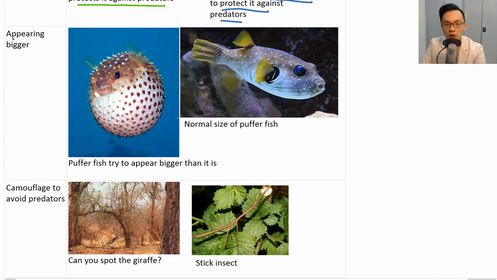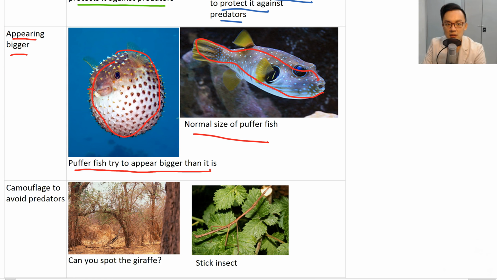Another way to avoid predators is to appear bigger. This is the normal size of a puffer fish. It doesn't look very big. But when the puffer fish senses some kind of danger or predators nearby, it will try to appear bigger than it is. Can you compare the size of this one against the size of this one? It's much bigger than what it usually looks like.